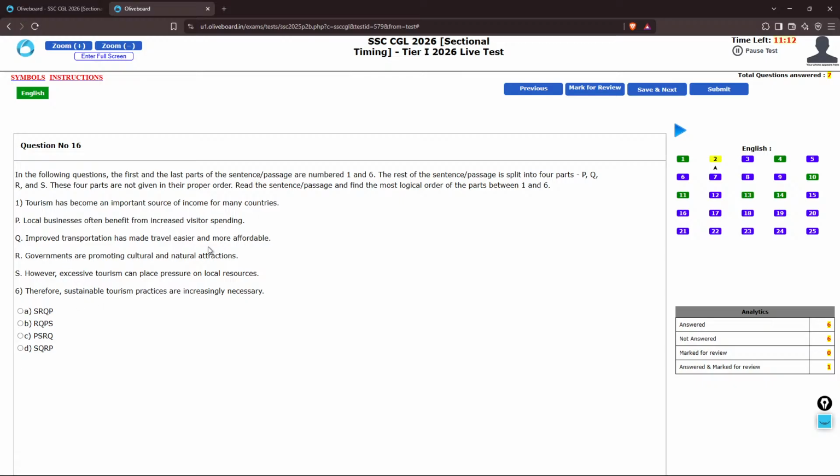Improved transportation, therefore sustainable practices are increasingly increasing. So S to finish with this option. Governments are promoting cultural and natural attractions. Improved transportation has made available. Local businesses often get benefited.